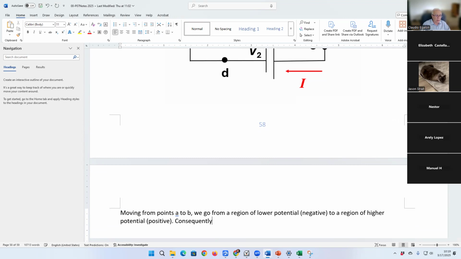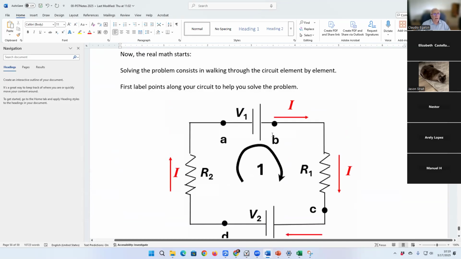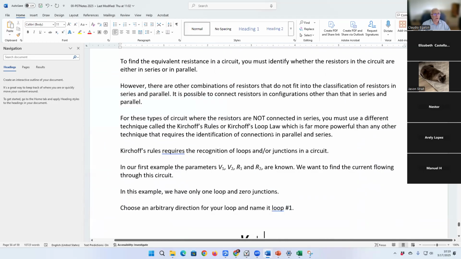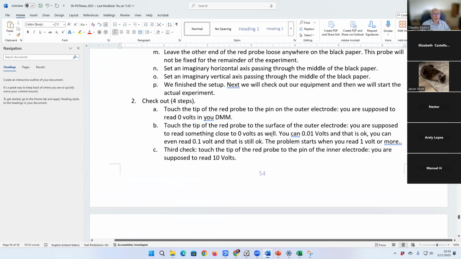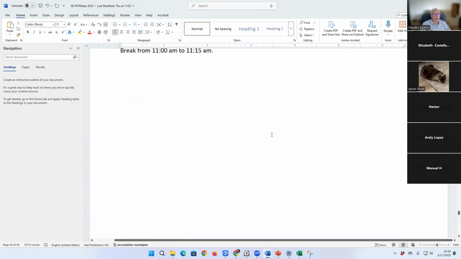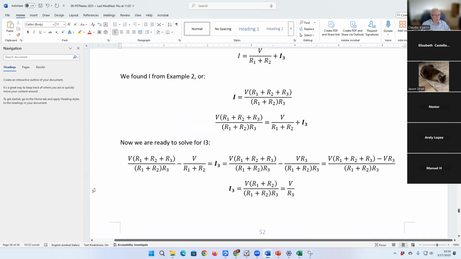Consequently, we may write the first term of our circuit. Here you go. The real math now starts.